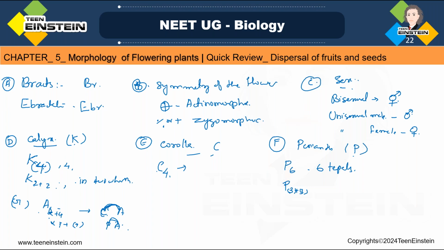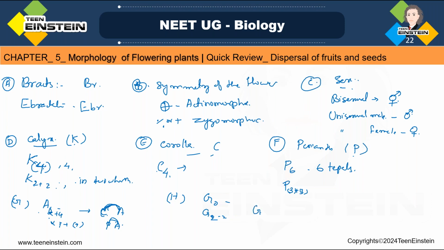Then about gynoecium also, in gynoecium the same thing, in the same way we need to tell. Here the gynoecium is absent means we'll write G0. And G2 means gynoecium that is having 2 carpels and apocarpous. Like this we are writing means it's apocarpous, we need to read that.